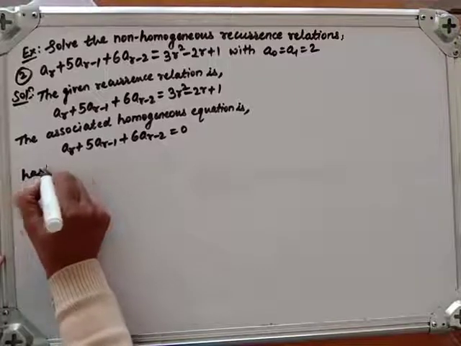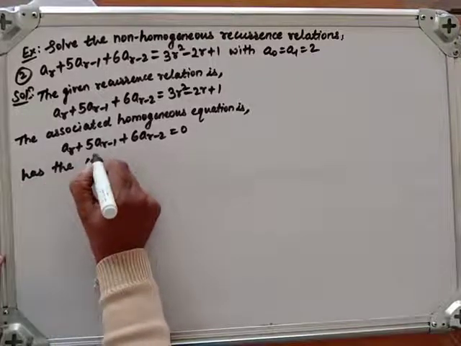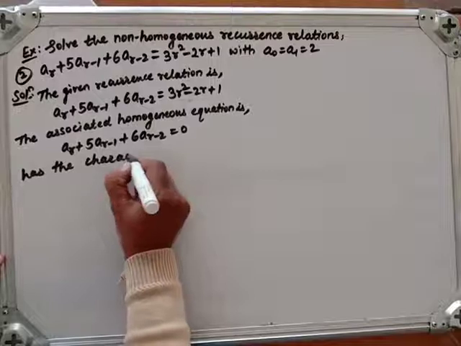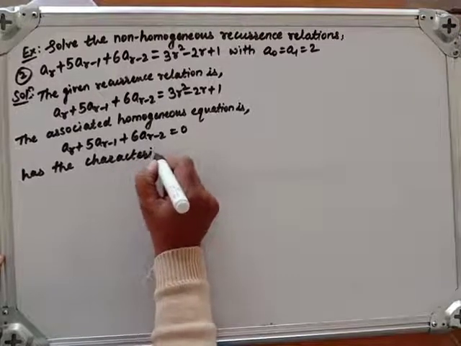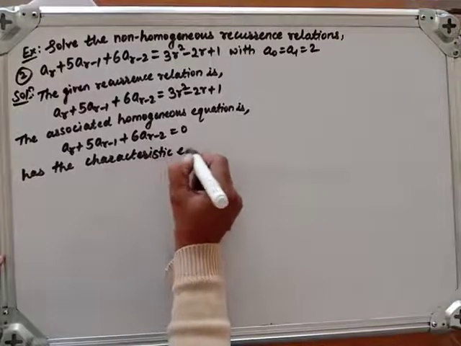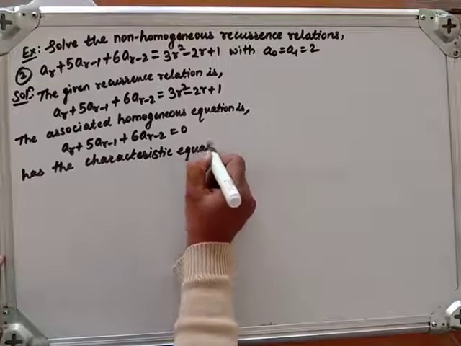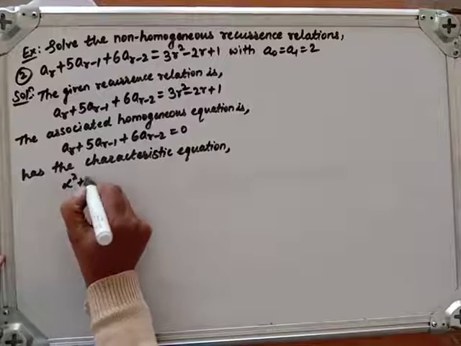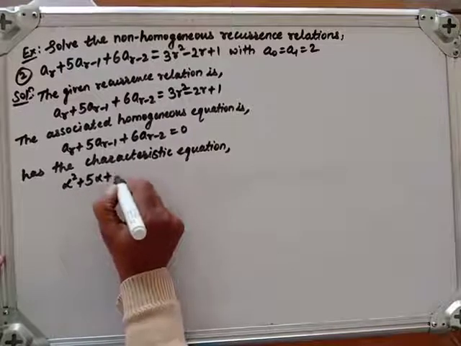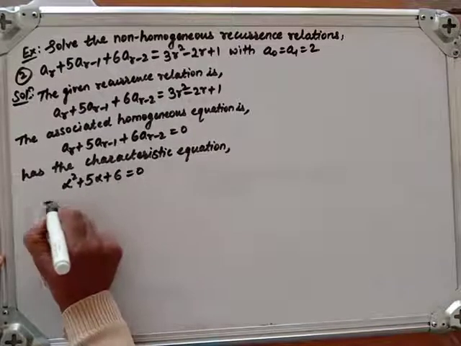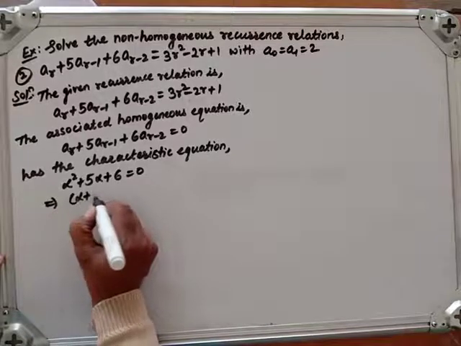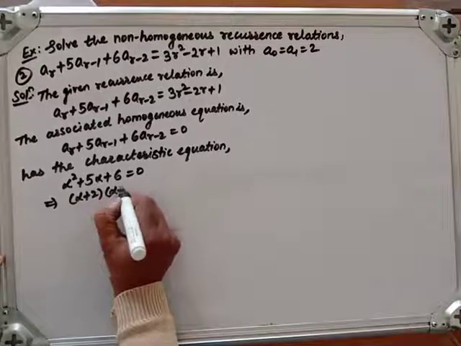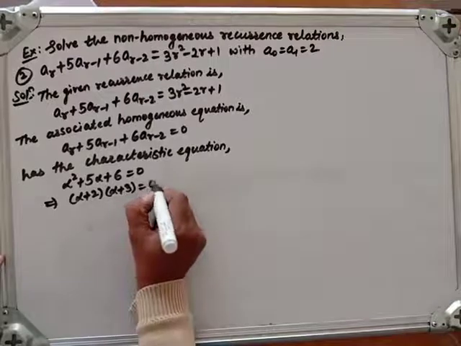Has the characteristic equation alpha square plus 5 alpha plus 6 equal to 0. So that gives us alpha plus 2 into alpha plus 3 equal to 0.